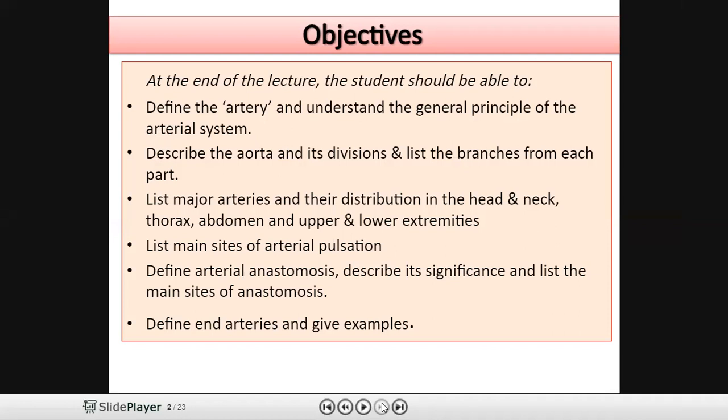List the main sites of arterial pulsation, and then define arterial anastomosis, describe its significance, and list the main sites of anastomosis, and then define end arteries and give examples. So that is our objective. Now, let's get started.